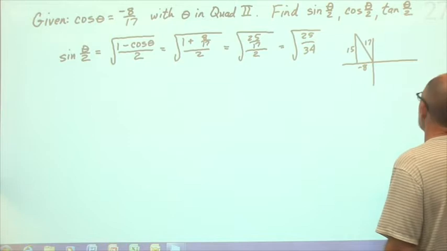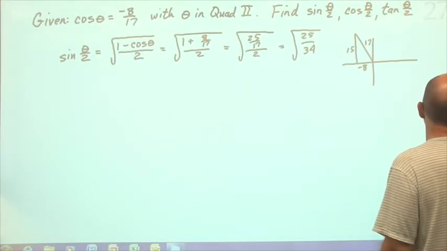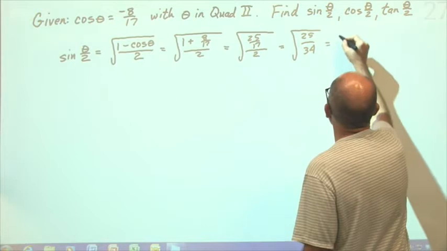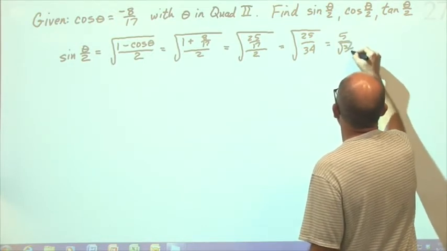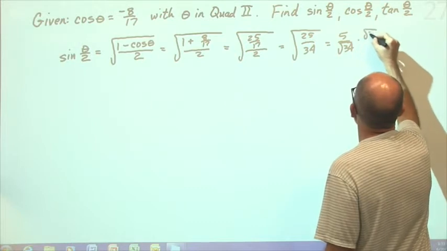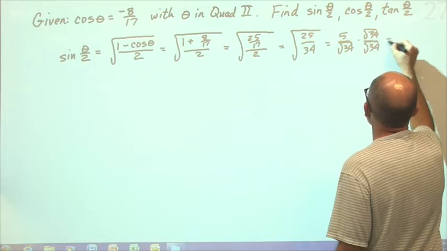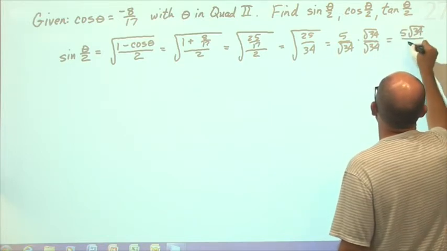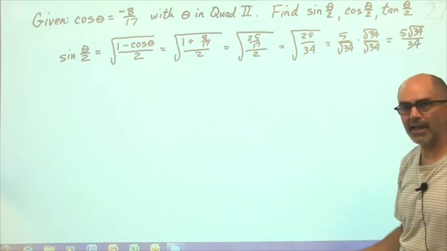And we can't reduce that, so this ends up being 5 over square root 34 times square root 34 over square root 34 equals 5 square root 34 over 34. That's it, piece of cake.